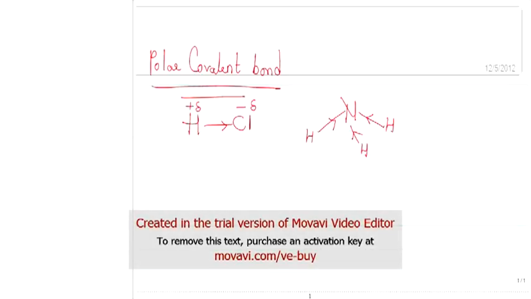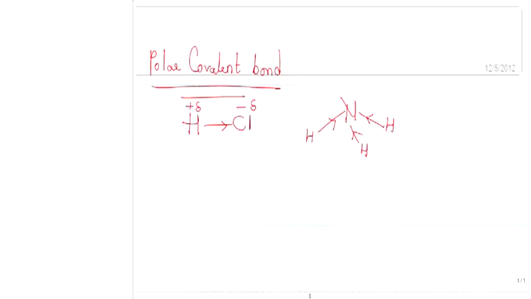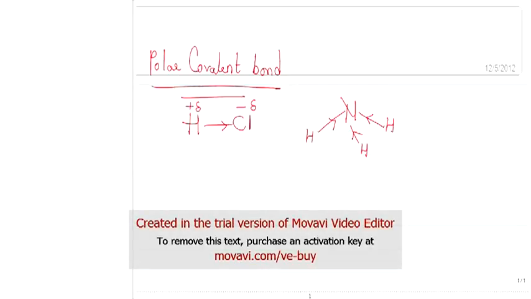The extreme case would be the electrons of the covalent bond going right towards chlorine and remaining towards chlorine, or the extreme case would be donation of electrons to chlorine by hydrogen. What would that be called? It would be an ionic bond.